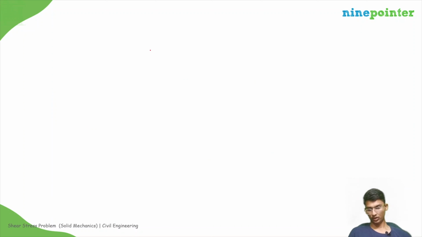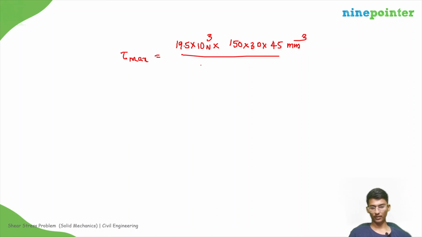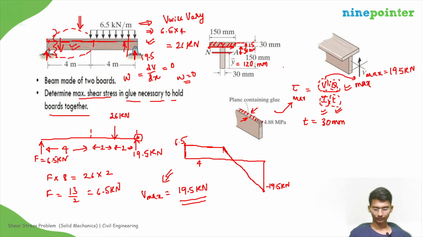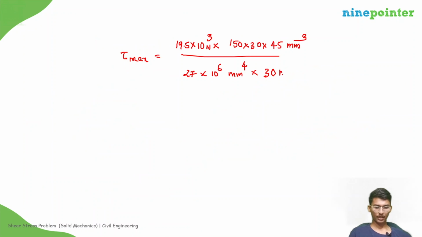So tau max required in the glue should be equal to 19.5 into 10 cube Newton into Q, where Q is given by 150 into 30 into 45 mm cube, divided by 27 into 10 power 6 mm power 4 into T, which is 30 mm.